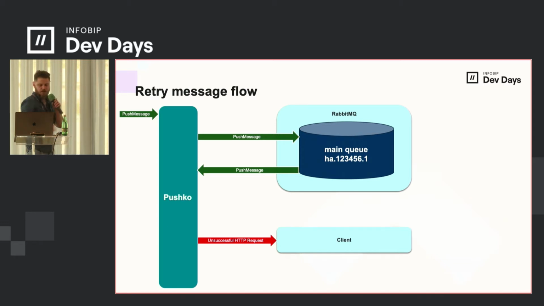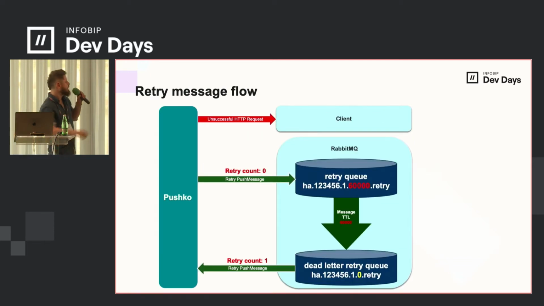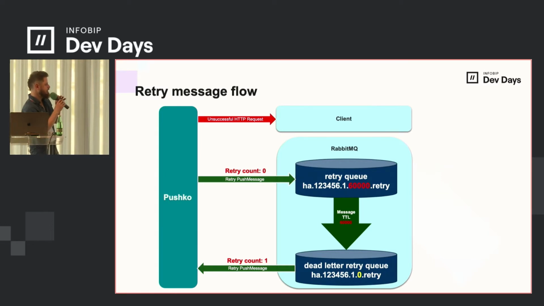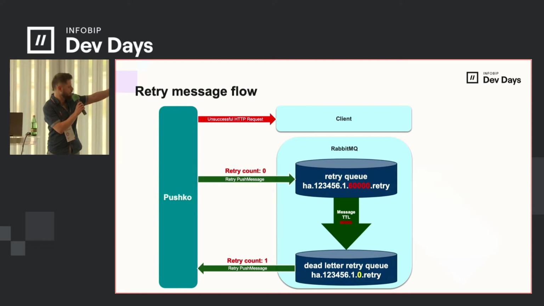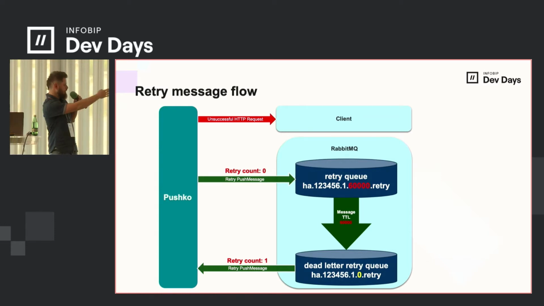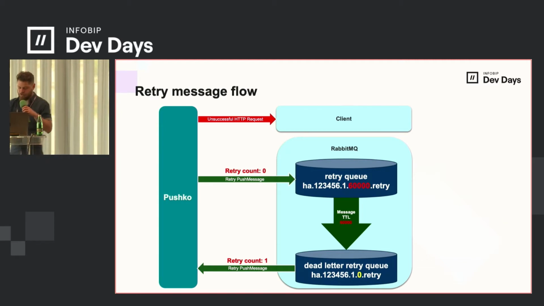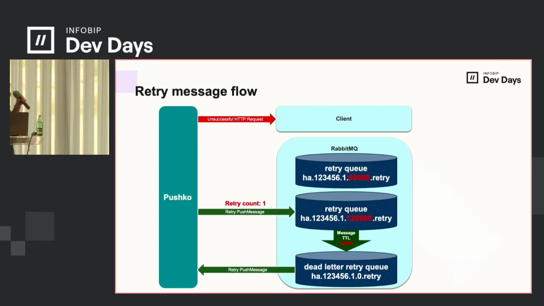In case of an unsuccessful request to the client, the message gets to a special retry queue, which is created per particular retry interval, and it has a TTL set for this particular message, like 60 seconds in this case. After 60 seconds, the message is forwarded automatically to the dead letter retry queue and consumed by Pushko for resending to the client.